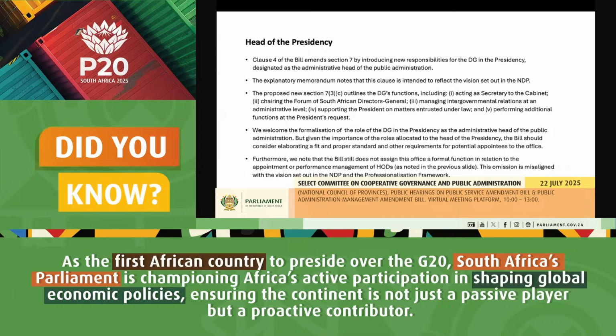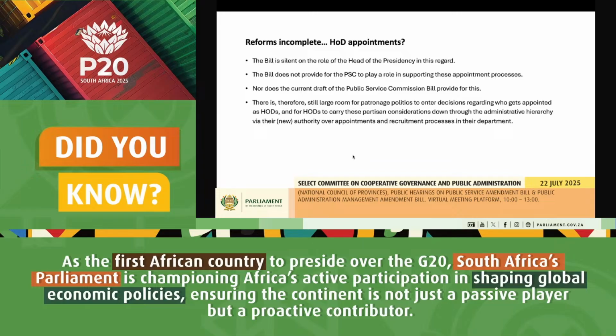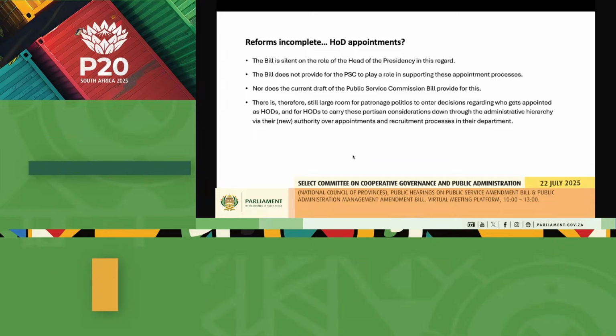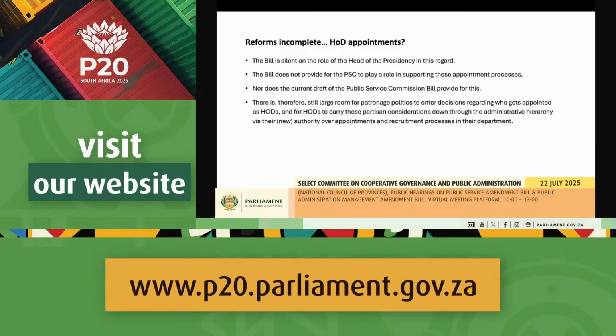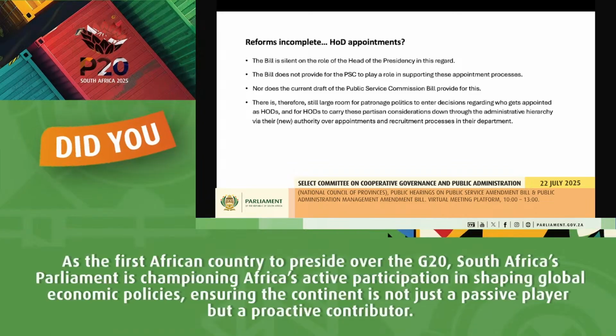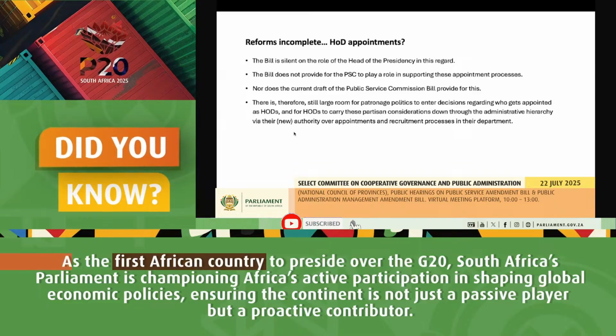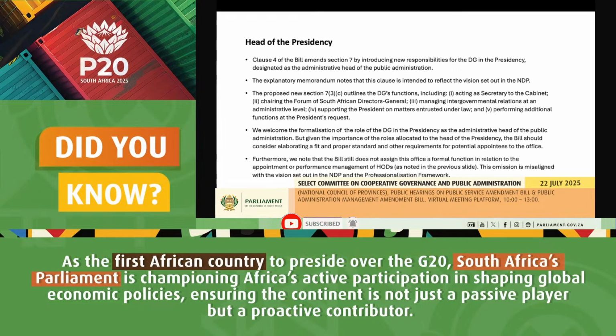I'm not sure exactly where I lost you, but essentially we're concerned that the bill could have done more to introduce a more robust process for appointments of HODs and introducing these kinds of checks in those appointment processes that are envisioned in the NDP and the professionalisation framework.